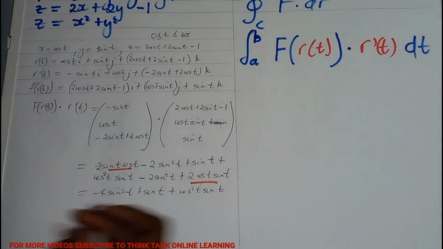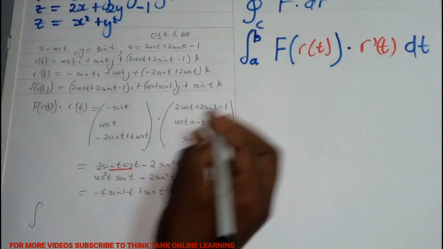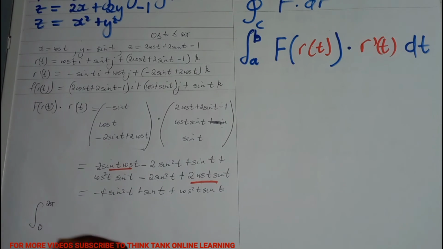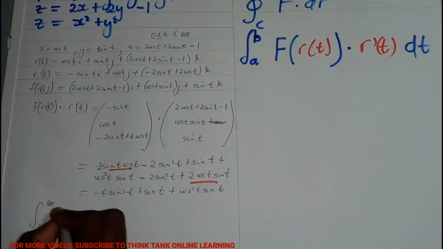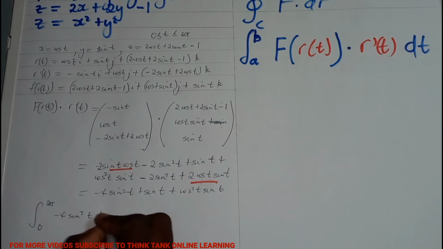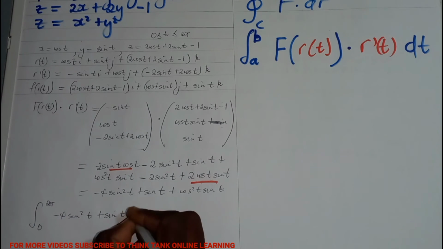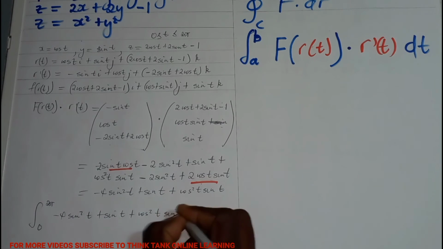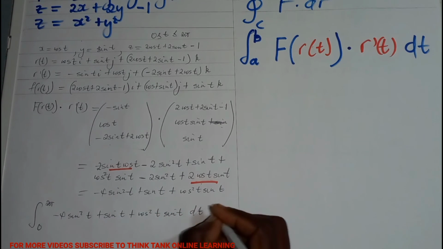So our integral upper bound is 2 pi, lower bound 0. We have the integral of negative 4 sine squared t plus sine t plus cos squared t sine t dt.